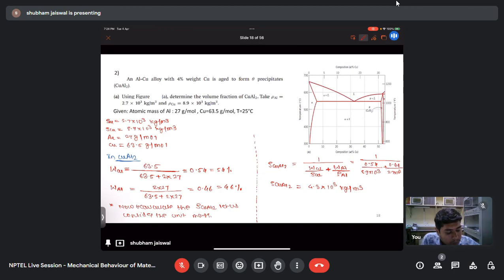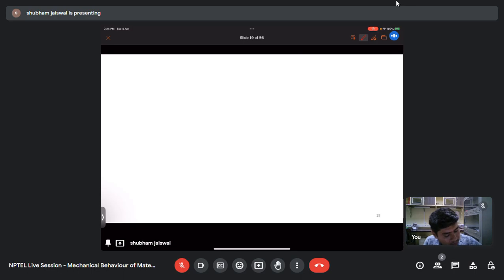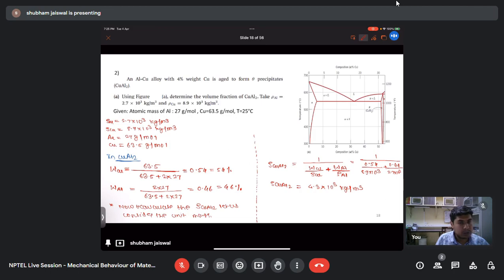So now if we apply the lever rule, let me write it down. Now apply the lever rule. So the weight fraction of CuAl2 is equal to, here they have given us the 4 atomic weight percentage.